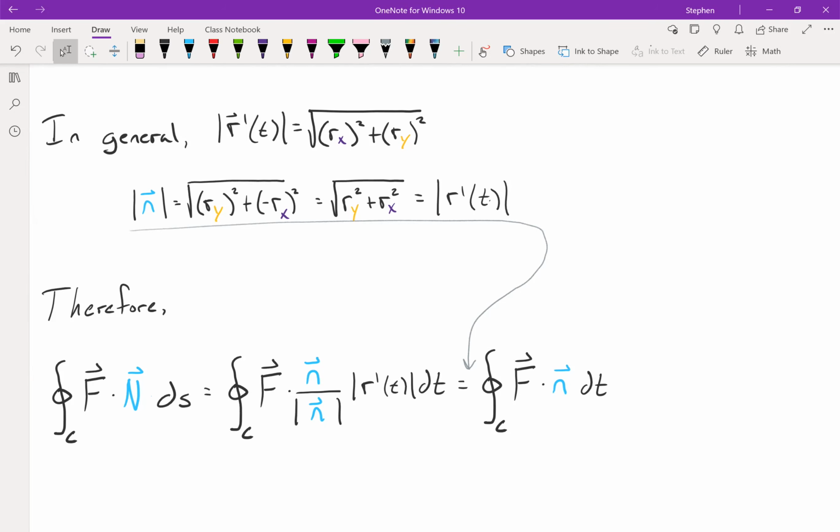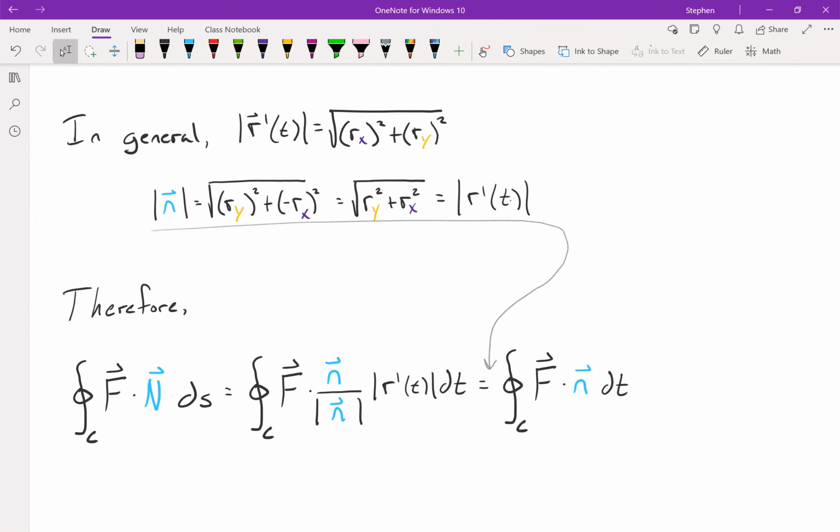Meaning that we can simplify this flux formula that we've been using to a point that we can actually calculate a flux integral without needing to find a unit normal vector, which I think is a relatively interesting result of the way that this all comes together. Because our parameterization is sort of baked into our problem all the way through, we don't need to worry about getting a unit normal vector because the flux integral takes care of that by itself.